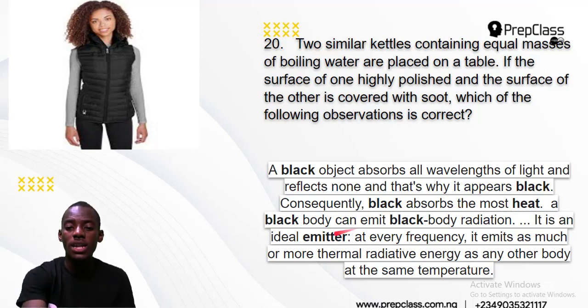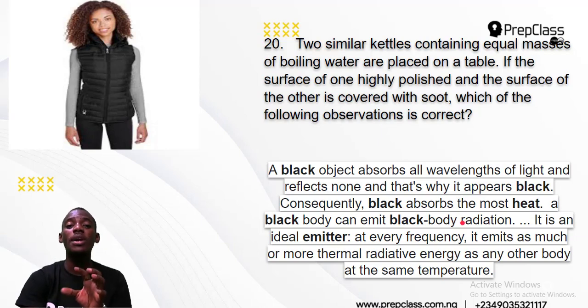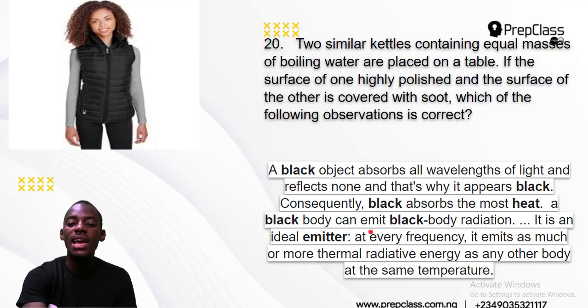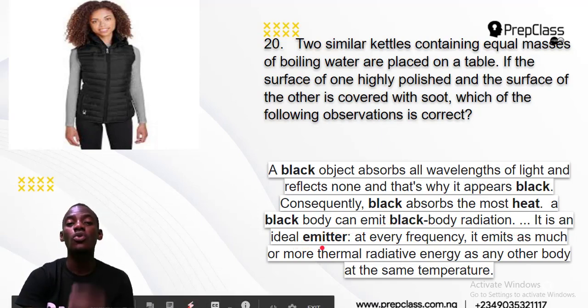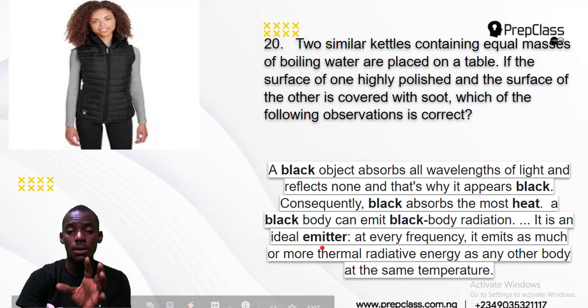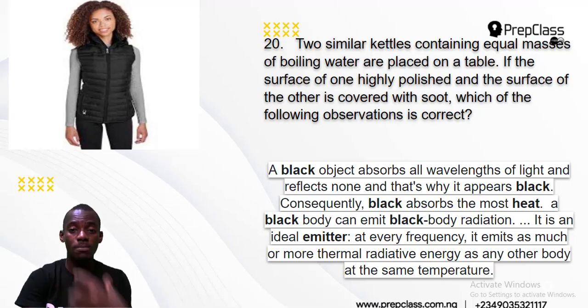A black body can emit black body radiation. So a black body can also emit more heat because it can absorb more heat. It is an ideal emitter. So the kettle with black soot on its body will send out more heat, and therefore the water will cool faster.